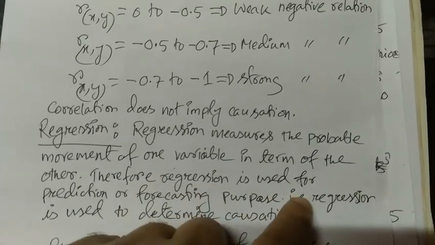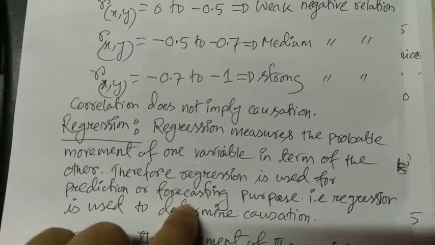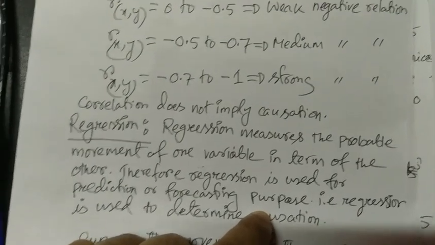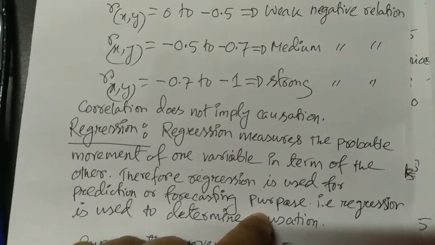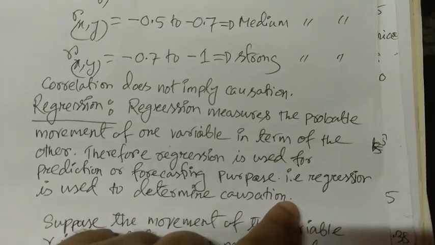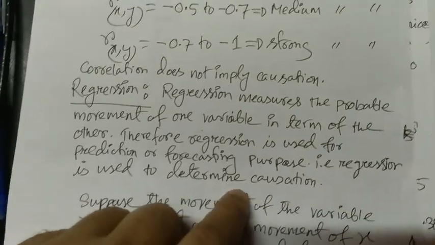Therefore regression is used for prediction or forecasting purposes. If you want to predict something or forecast the movement of any variable, we can do regression. Regression is used to determine causation.